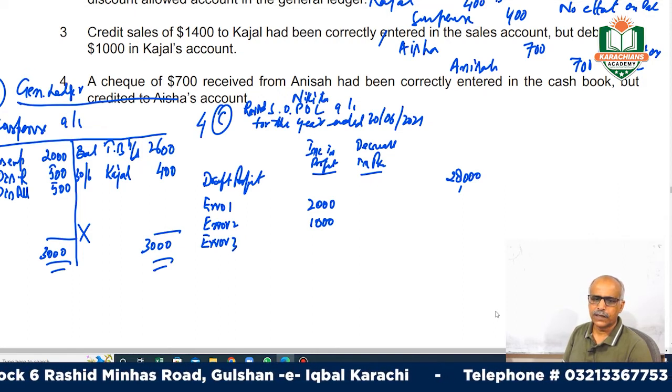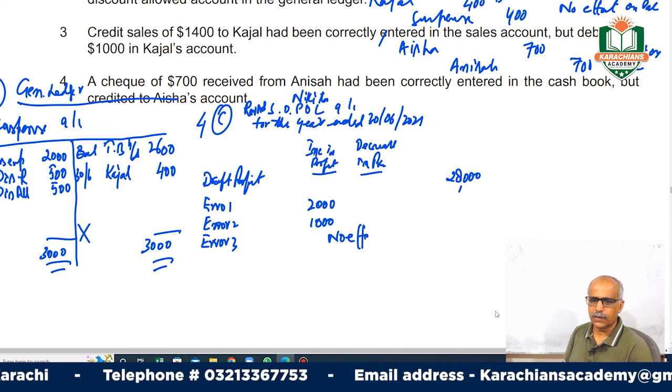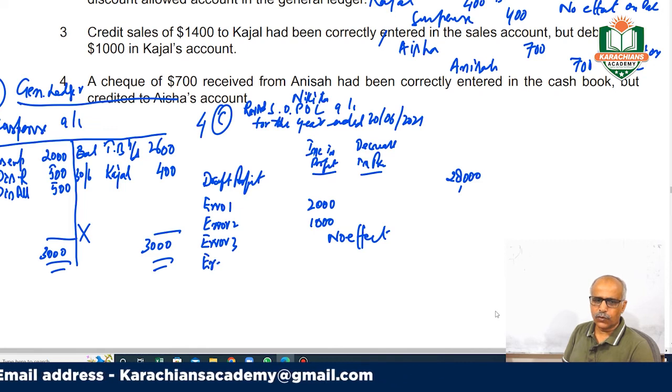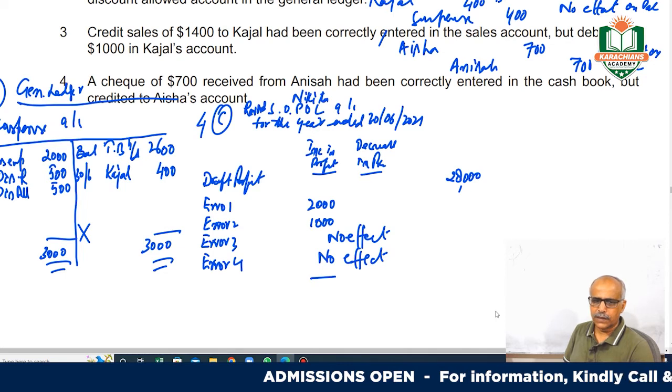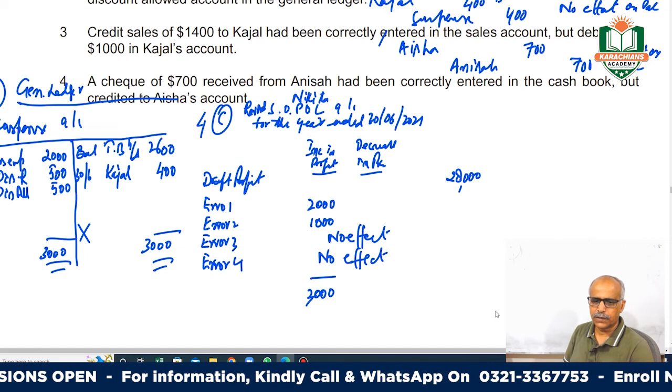So error 3, you write no effect, right? Error 4 also has no effect, right? So how much is our increase? 2000, sorry, 3000.